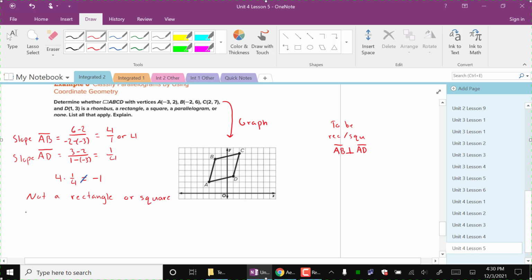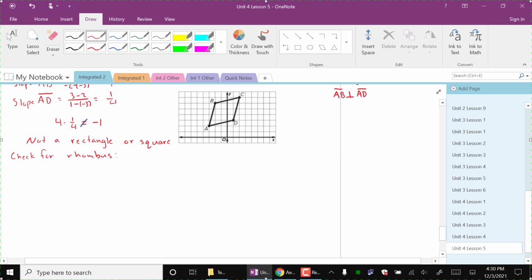Next, let's check a rhombus. So we're going to look at the diagonals to see if the diagonals are perpendicular. So slope of AC, that diagonal right there.